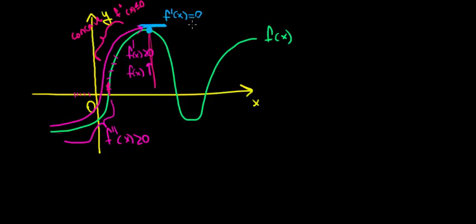Makes sense. What happens from this point all the way to here? We go down, so visually we can see that the function is decreasing. And if the function is decreasing, that means that the rate of change, the first derivative, is negative. Now, how is the function decreasing? Is it decreasing very fast, or is it decreasing slower?